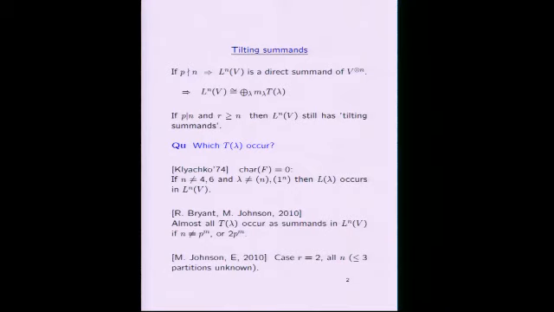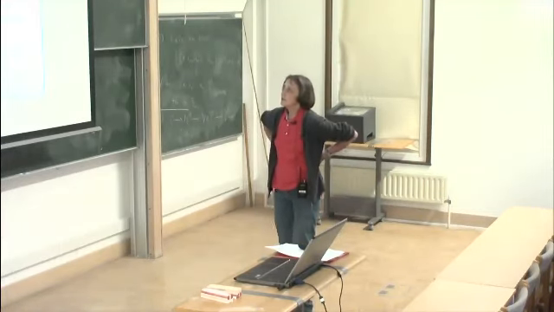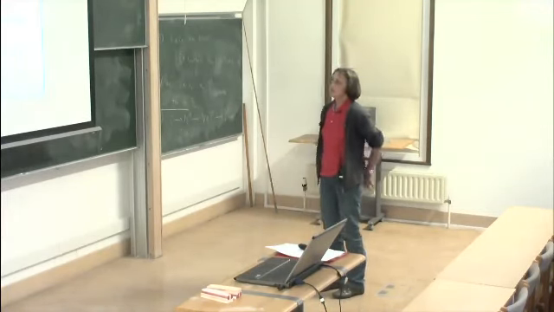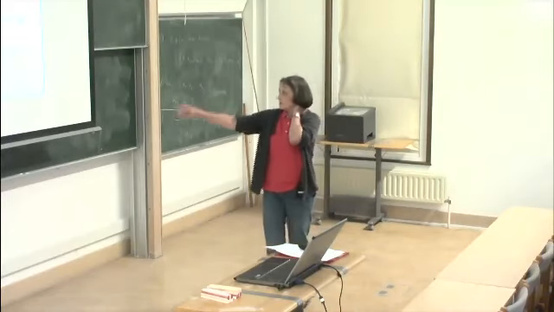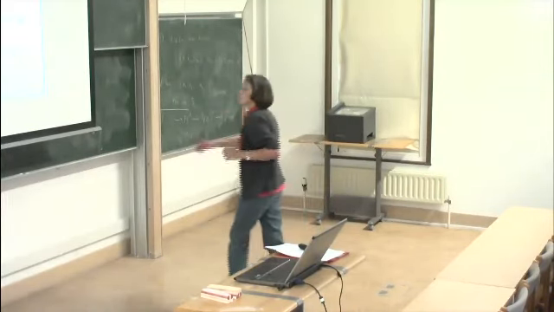In the p case, of course, you wouldn't ask for simple summands because there won't be any, but you would ask for tilting summands. And it's again the same, that almost all tilting modules occur as summands. We finished it off in the case when the dimension of R is the dimension of V.